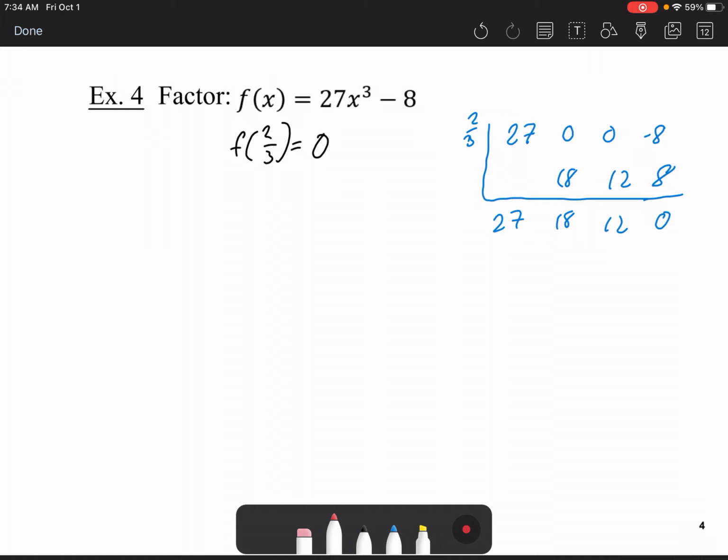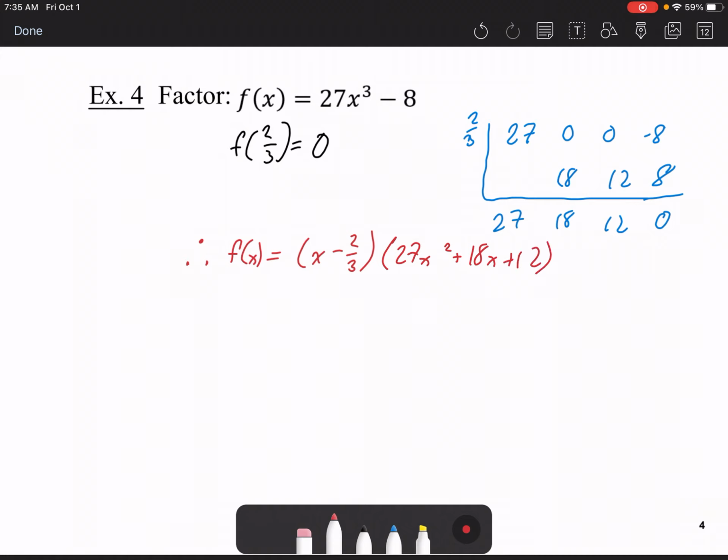So what this means is our function, f of x, is equal to x minus 2/3. Remember, the 2/3 is the part from our expression. And our leading coefficients are 27x squared plus 18x plus 12.